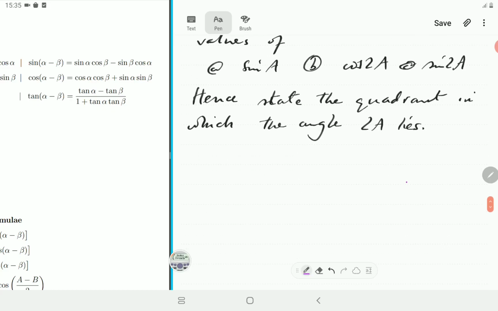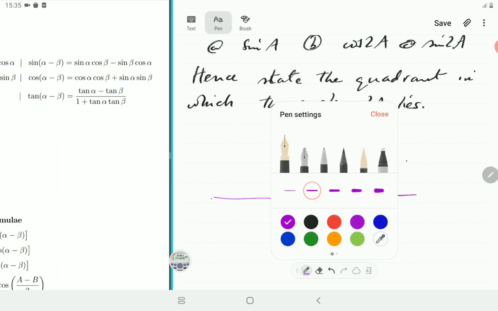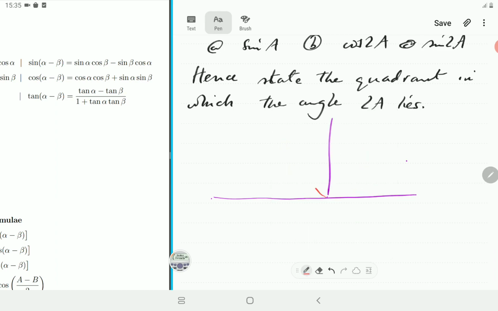Okay, so the first thing we need to do here is to make a sketch of our angle A. It's in the second quadrant, so it's going to look something like this. Cosine A is -1 over 2, so we need to work out this value here. So we're going to have -1 squared plus y squared is 2 squared.